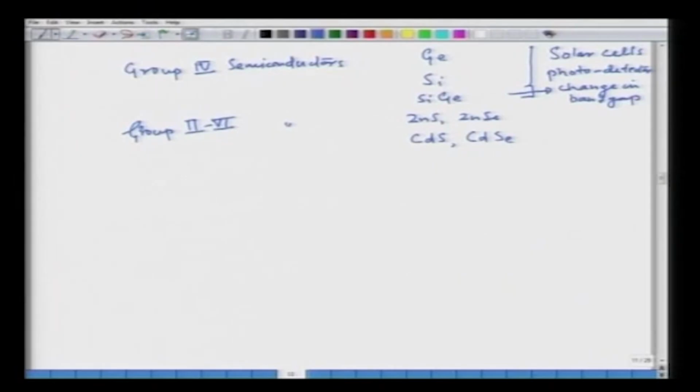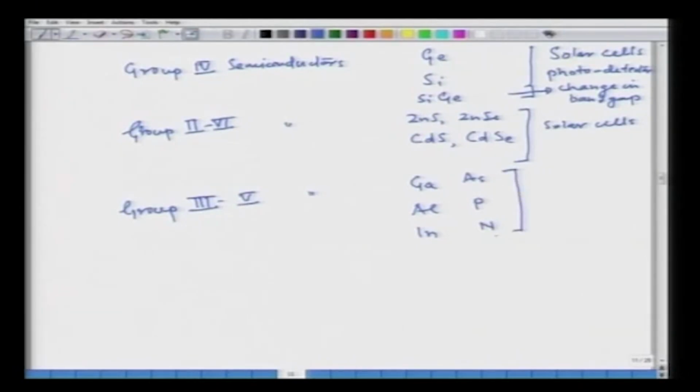The 2,6 semiconductors or other chalcogenides are also good materials for solar cells. Then we have group 3,5 materials, which are basically gallium, aluminum, indium, arsenic, phosphide, nitrogen.